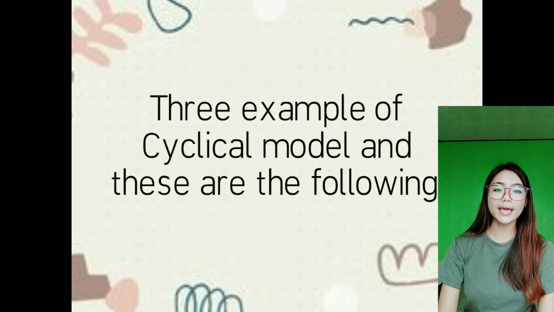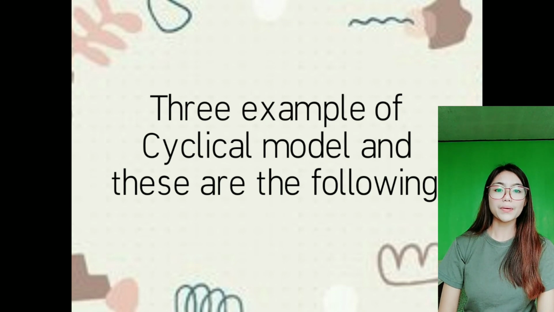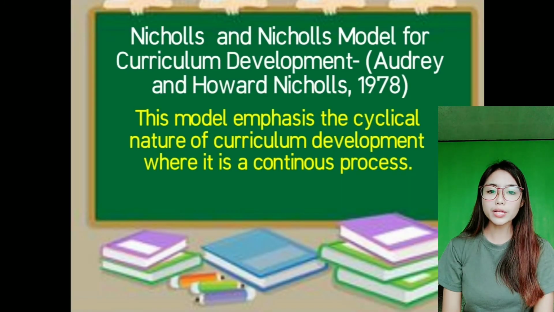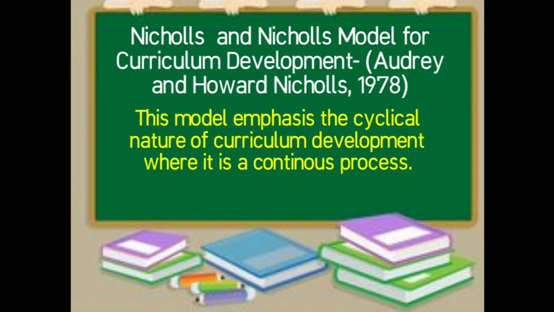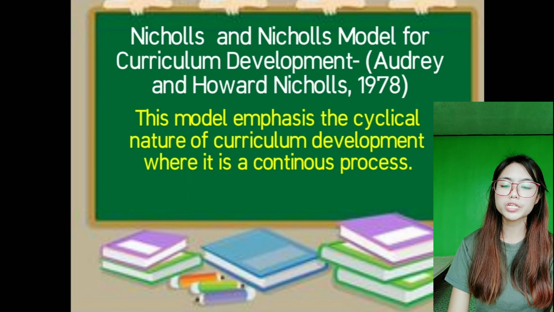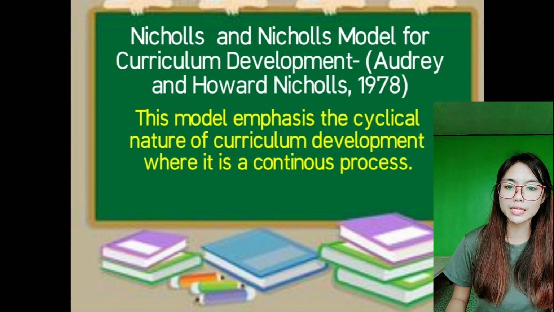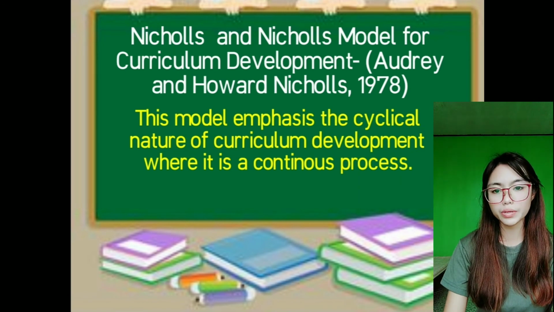Number 1, the Nicholls and Nicholls model for curriculum development by Audrey and Howard Nicholls in 1978. This model emphasizes the cyclical nature of curriculum development, where it is a continuous process. The model prescribes five logical, interdependent stages that are part of the continuous curriculum.